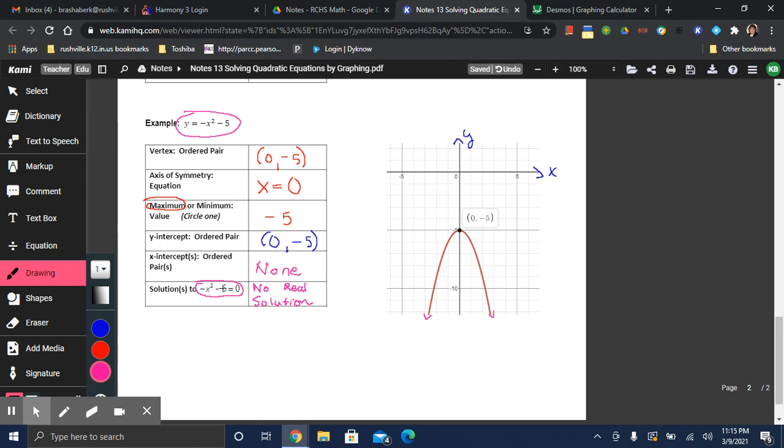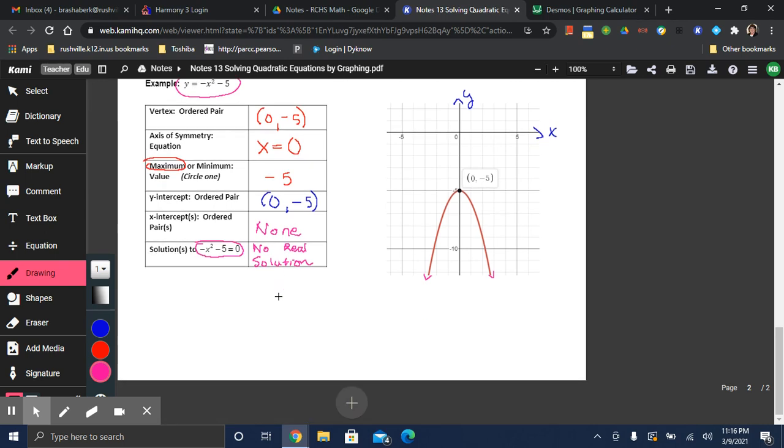And basically what would happen on this is that if you tried to add 5 to both sides and then divide by -1, if you were trying to solve it with algebra, you would get an x squared equaling a negative. And taking something times itself can never give you a negative with real numbers. So that's why we say it has no real solution.